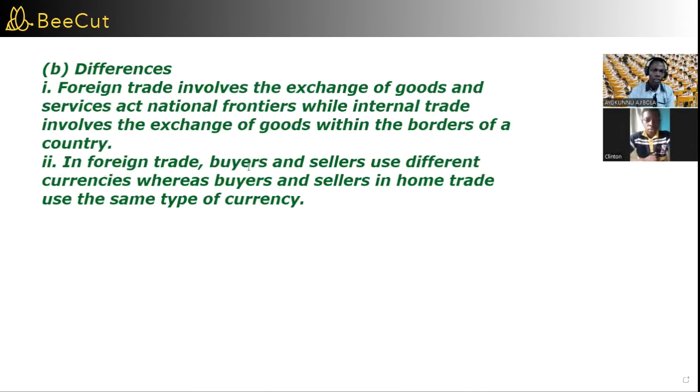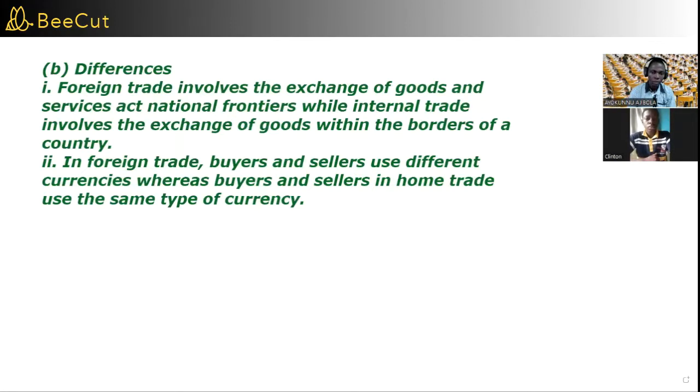So in foreign trade, buyers and sellers use different currencies, whereas buyers and sellers in home trade use the same type of currency. So if you are doing internal trade in Nigeria, it's in naira. But if it is with another country, you're going to use two or more different kinds of currencies.